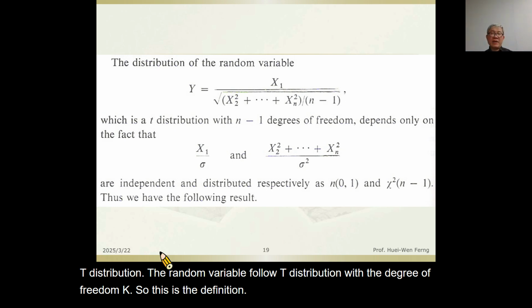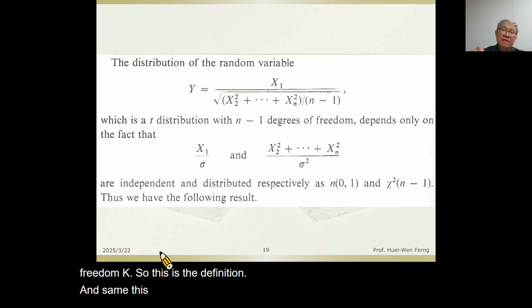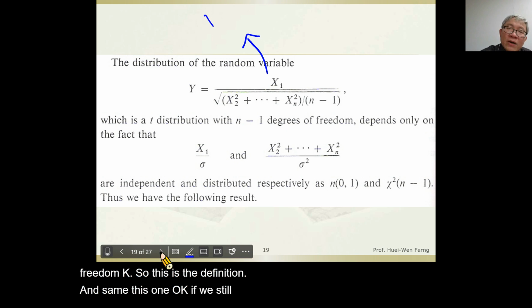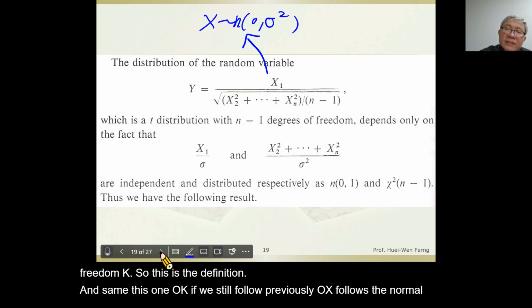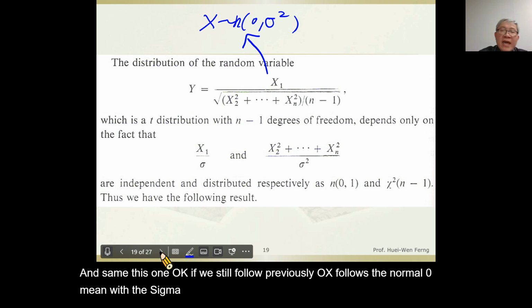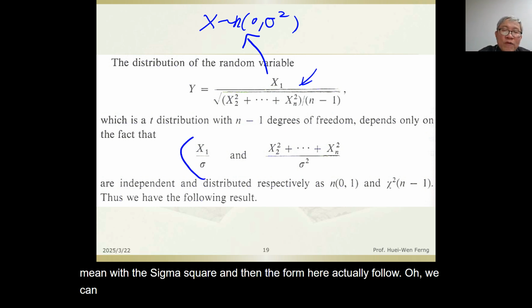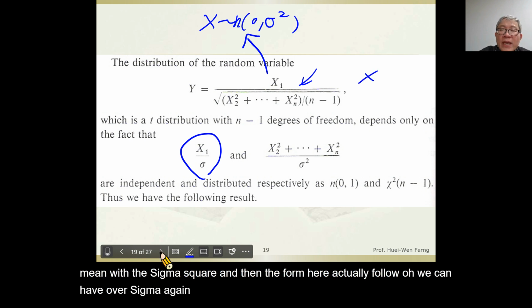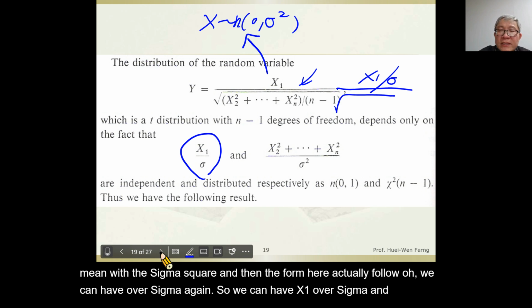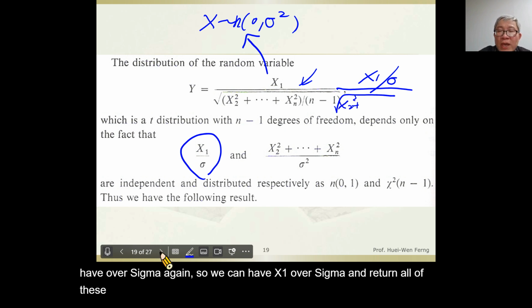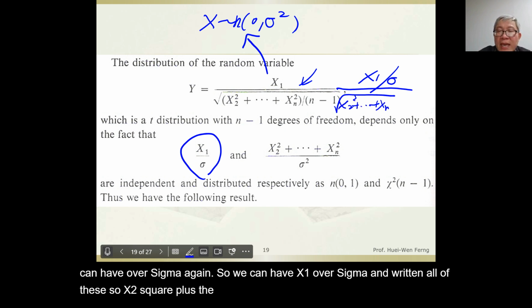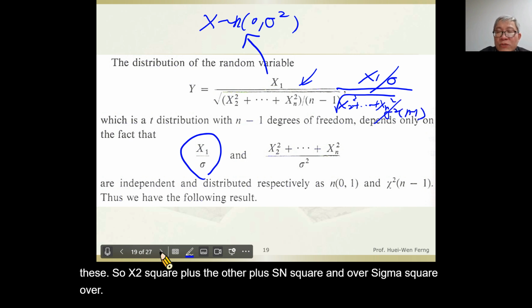And the same for this one. If we still follow previously, x follows the normal with zero mean and sigma square. Then the form here, we can have over sigma again. So we have x1 over sigma, and then x2 square plus the others plus xn square, over sigma square, over n minus 1.